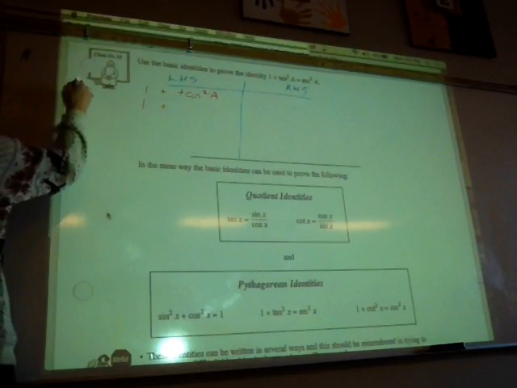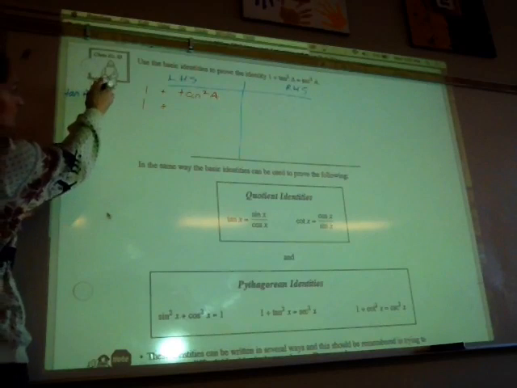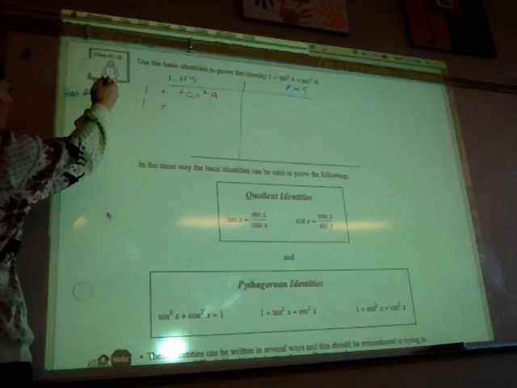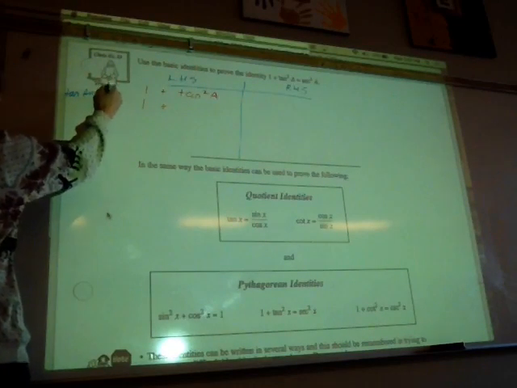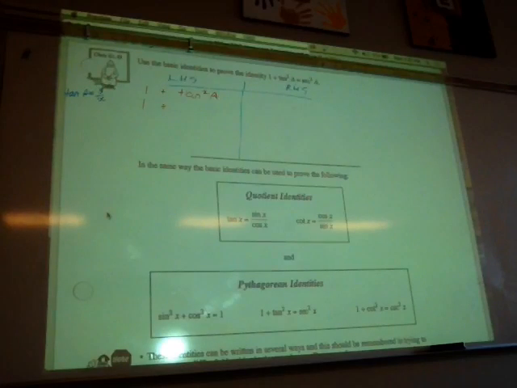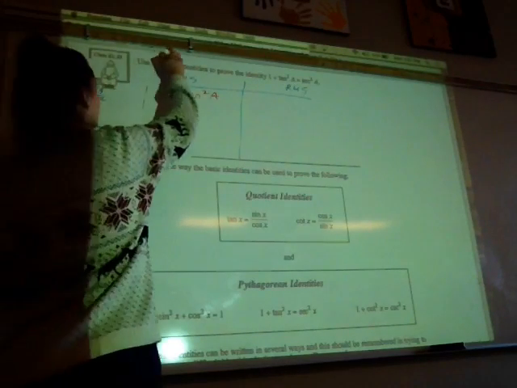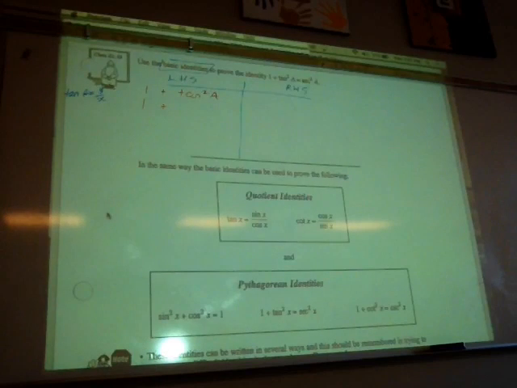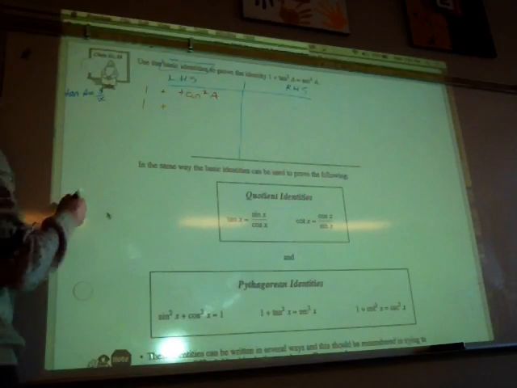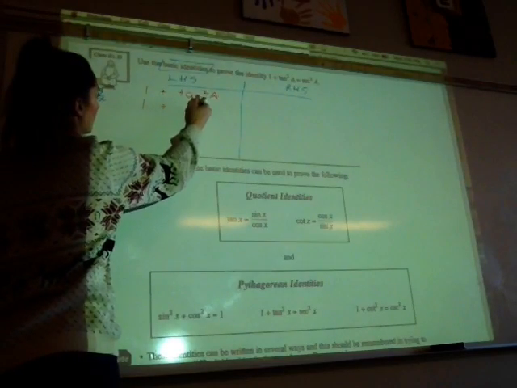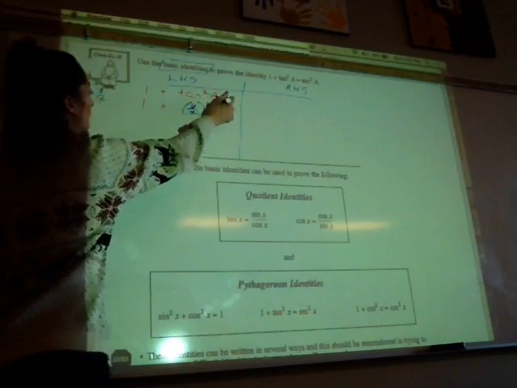Well, we know that tan a is equal to y over x. I was thinking about other identities, but we need the basic identities. That's what we have to use for this case. So tan a equals y over x. So we will have y over x squared.